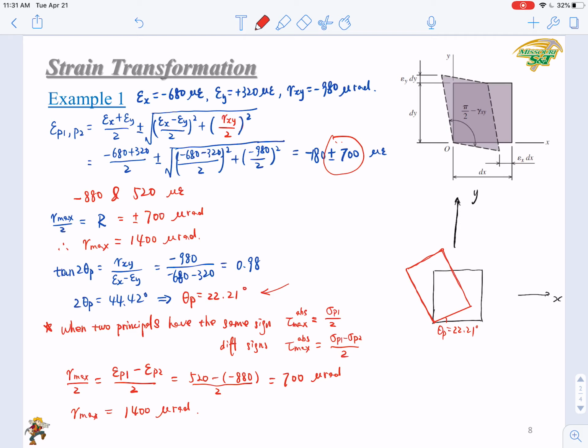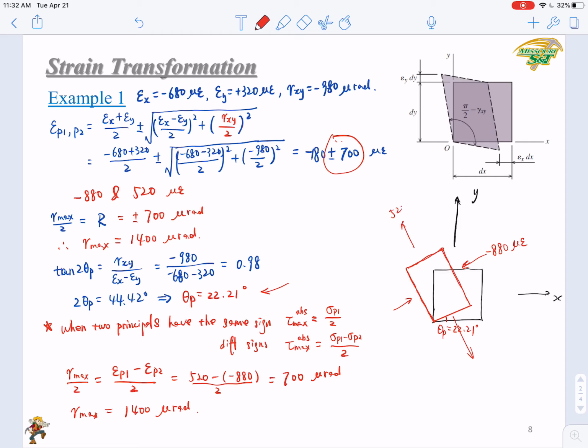Along this direction, you will have negative 880 microstrain. And along this direction, you have positive 520 microstrain.